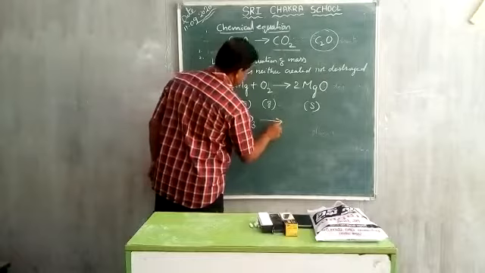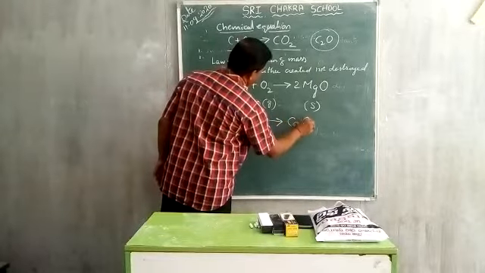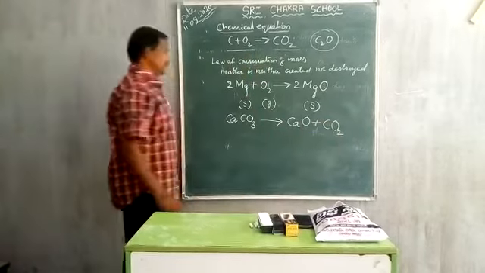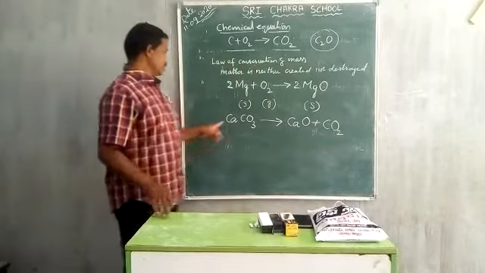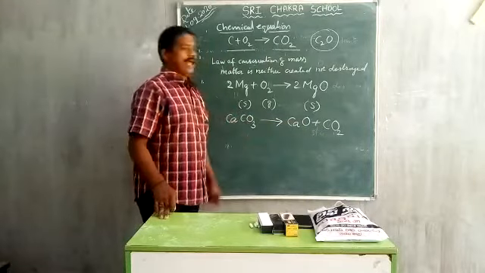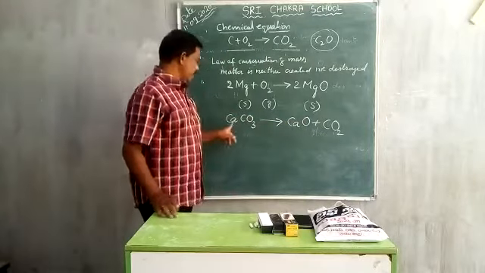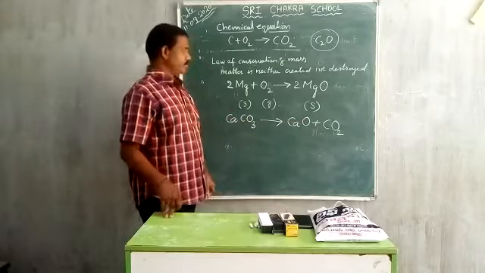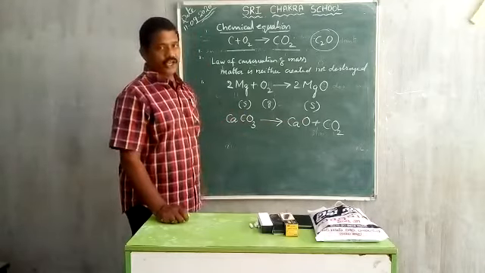In the same way, in some equations, for example, CaCO3 gives CaO plus CO2. It is another chemical equation. What is CaCO3? It is calcium carbonate.